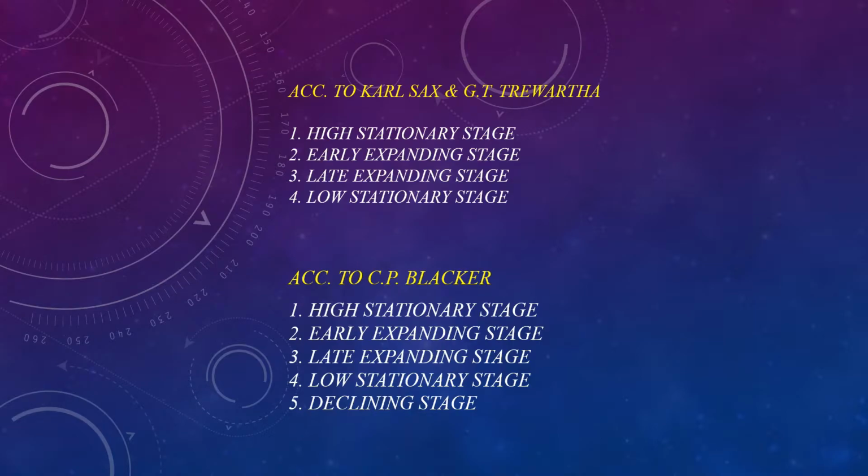First one is the high stationary stage, second one is the early expanding stage, third one is the late expanding stage, fourth one is the low stationary stage, and fifth one is the declining stage. As compared to Trewartha and Sauer, Blacker has included one more stage in this theory.